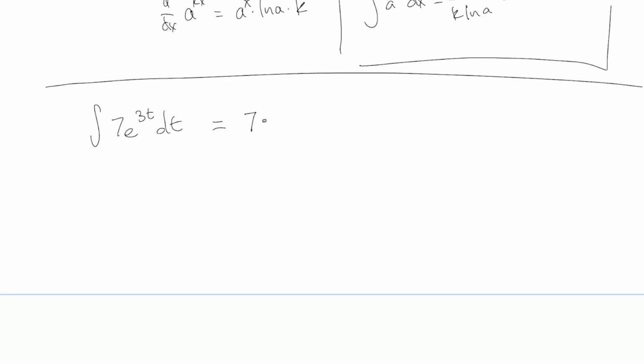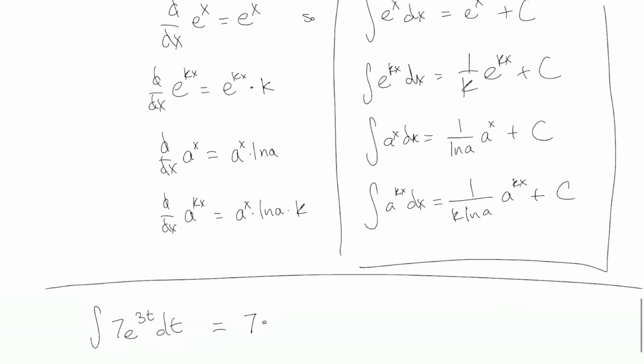And now I have to do the integral of e to the 3t, and for that I'm going to use this e to the kx rule, where the k is 3. And so the answer is going to say 1 over 3 e to the 3t plus c. So this was the e to the kx rule, and also just leaving the 7 as a coefficient in the front.